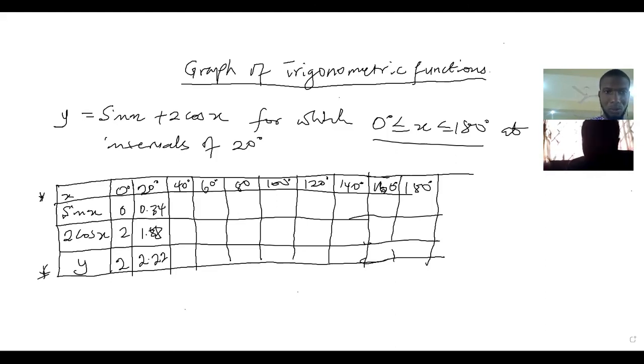Sir, I'm done. Have you finished with the graph too? No. Okay, mention your figures and let me see your Y figures. 2.00, 2.22, 2.17, 1.87, 1.33, 0.63.